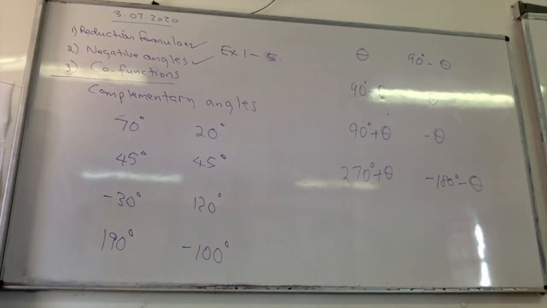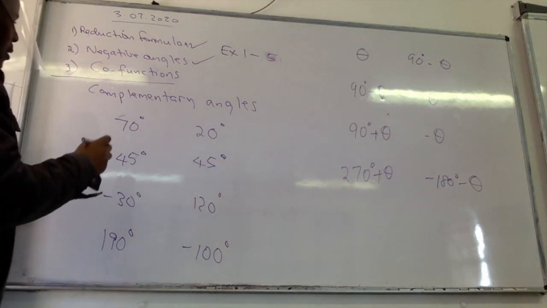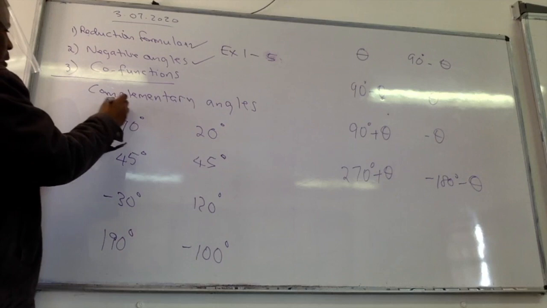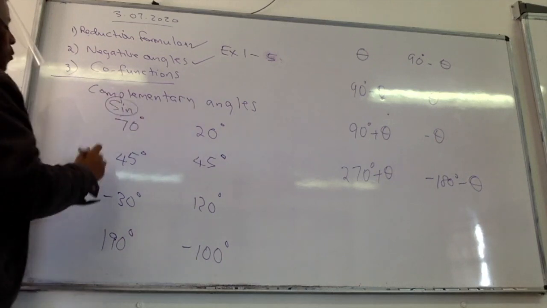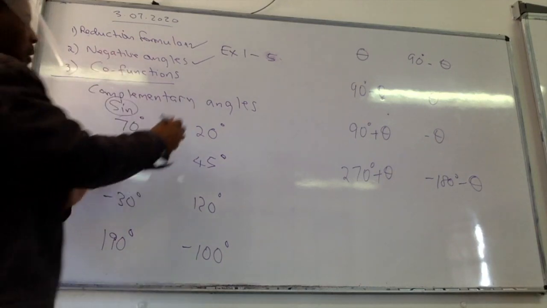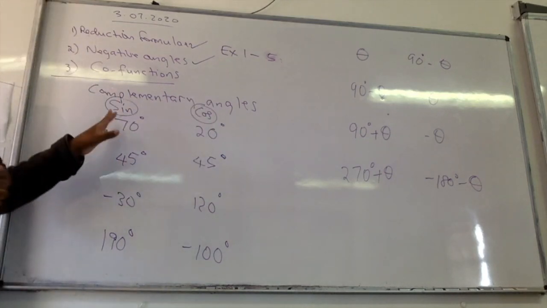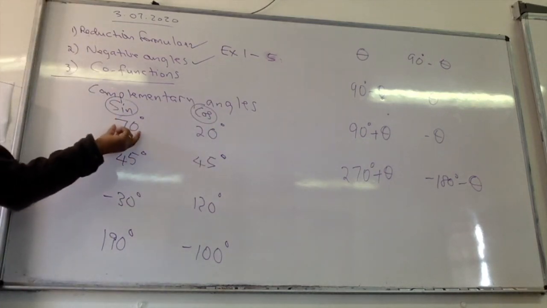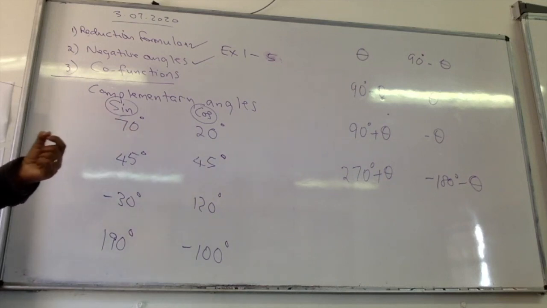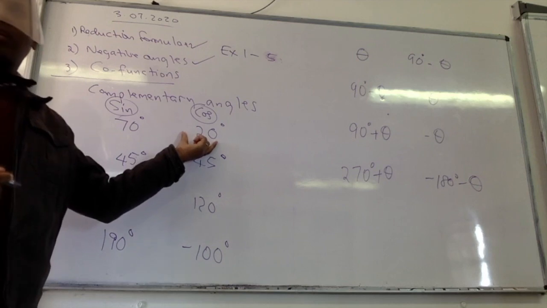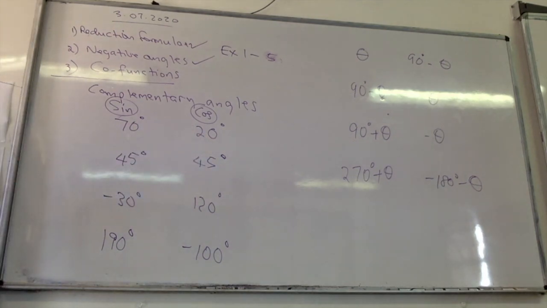Now I want us to do this. You can take your calculators out. Let's start with the sine. Let's look for the sine of these numbers, and let's look for the cosine of the other. Start with the first pair. Maybe somebody use your calculator to find the sine of 70 degrees, and another person find the cosine of 20 degrees.